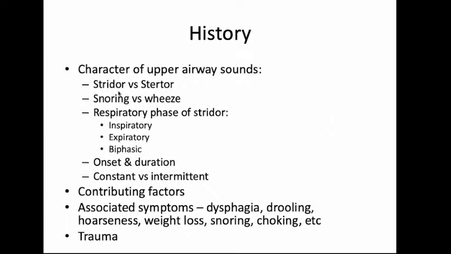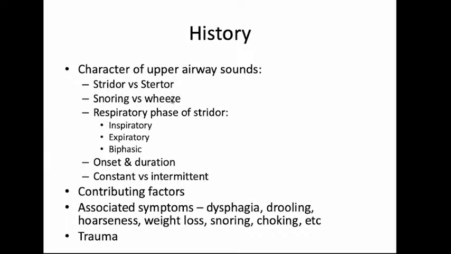And so you want to look at the character of the upper airway sounds, like we talked about. Stridor is that sound that you get when the airway is blocked from the level of the larynx downwards. Stertor is the sound you get when it is above the larynx. Then there is snoring versus a wheeze. Snoring is again above the larynx.